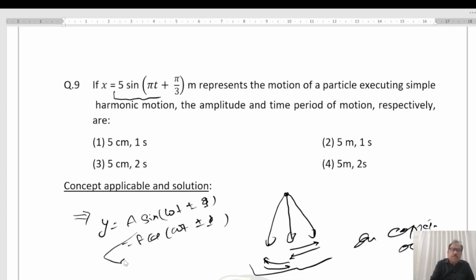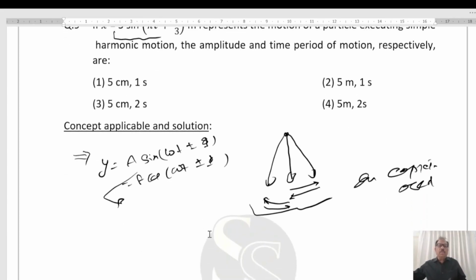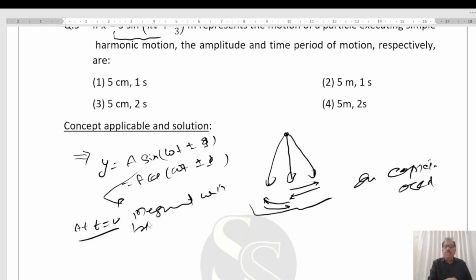We use the sine form when, at t equals 0, measurement is from the mean position, and the cosine form when, at t equals 0, measurement is from the extreme position.